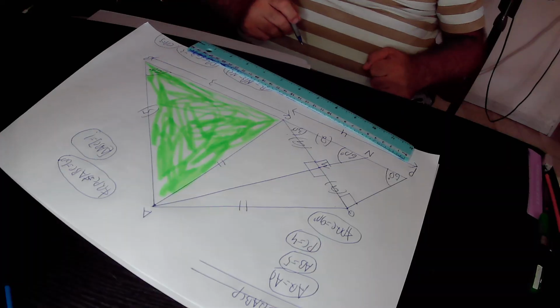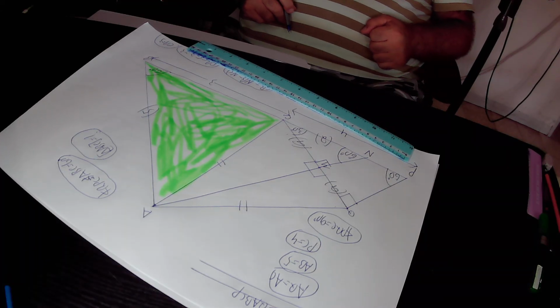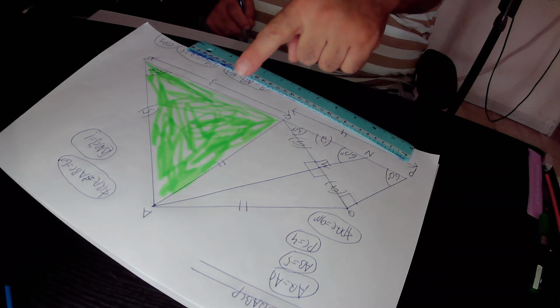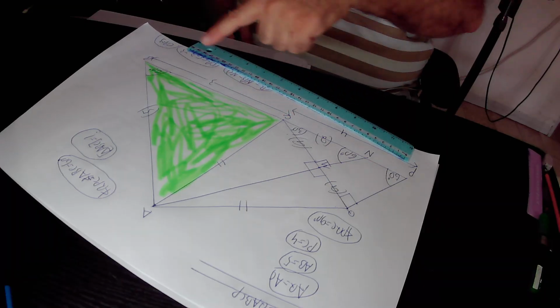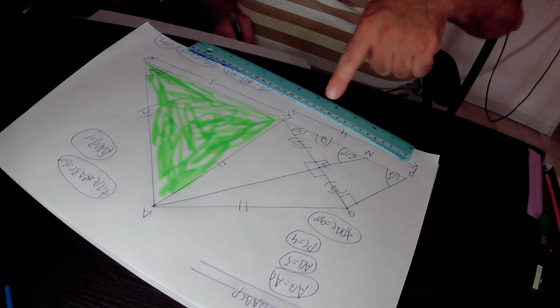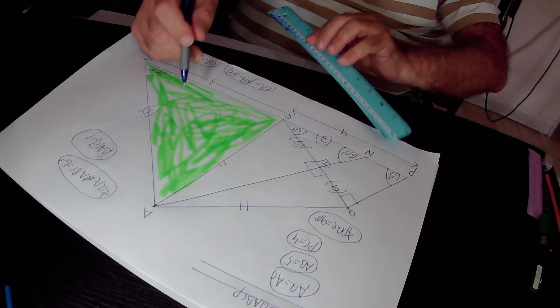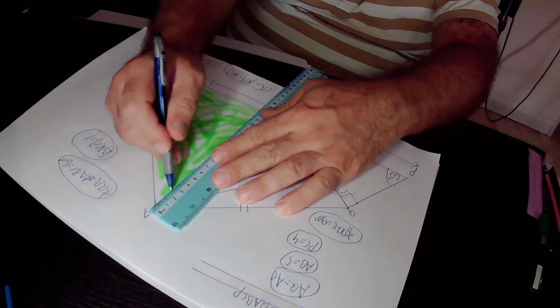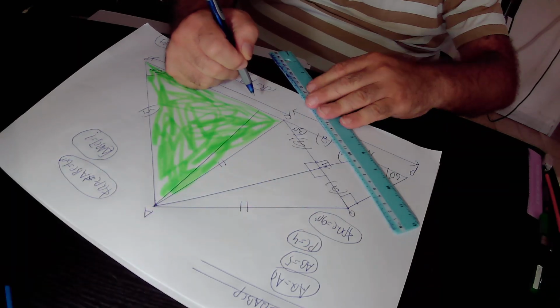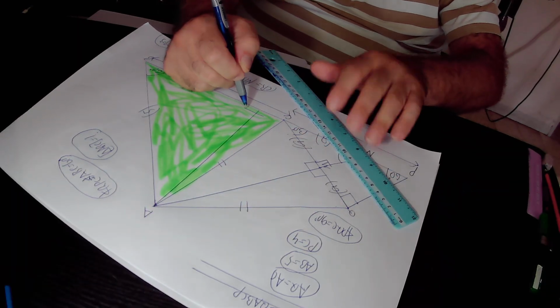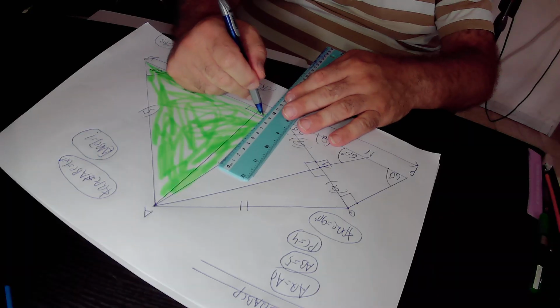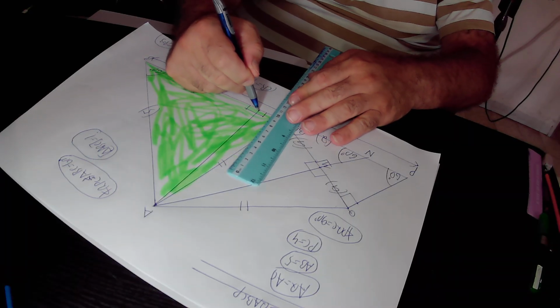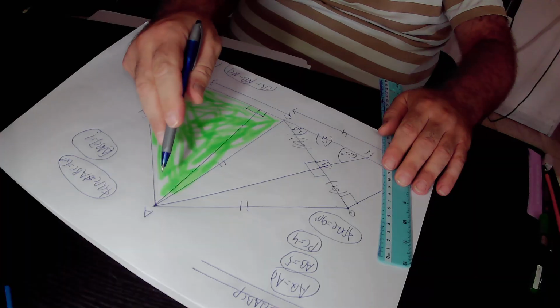In the next step, we will do another construction, that is to say from point A, we will draw a perpendicular on CB. Again, from point A, we will draw a perpendicular on CB. So actually, this angle equals 90 degrees, and this angle also equals 90 degrees according to our construction. We define the touching point of the perpendicular from point A on CB.